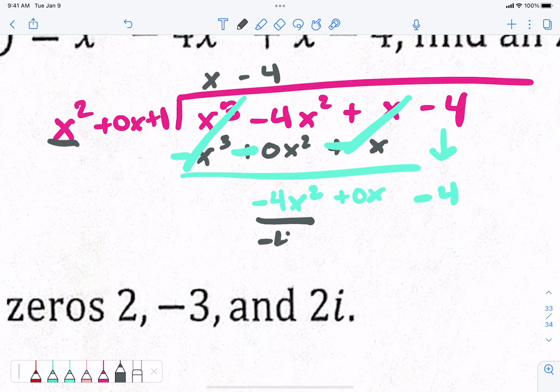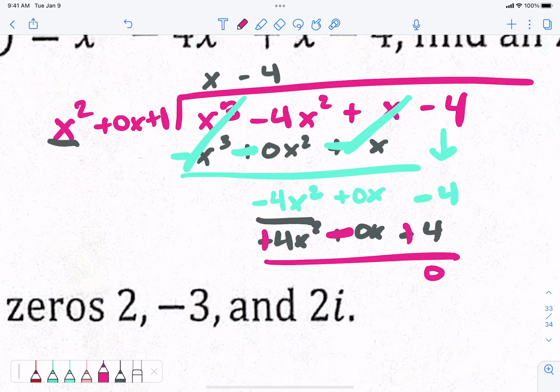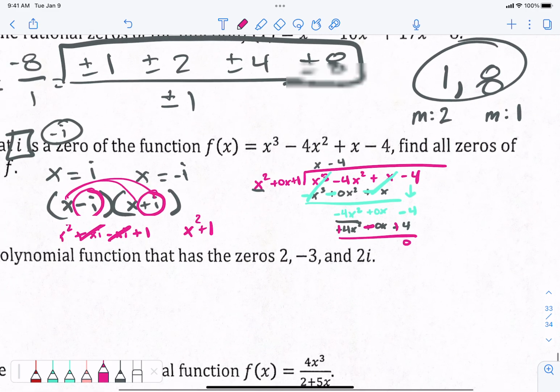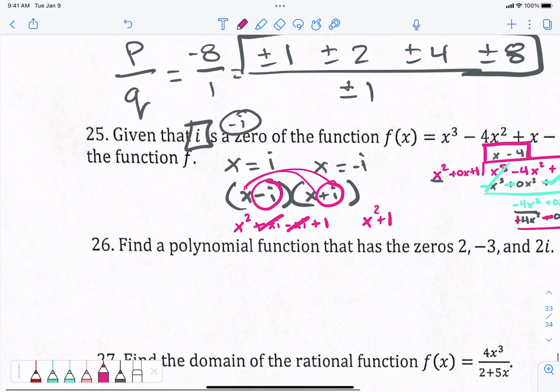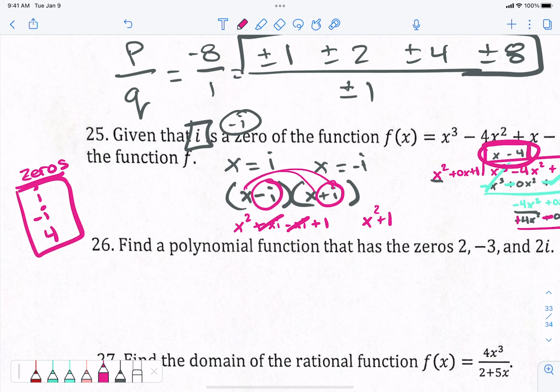Multiply it back through: negative 4x squared plus 0x minus 4. Flip the sign, and it cancels to get 0. So x minus 4 is my other factor. The zeros are i, negative i, and positive 4.